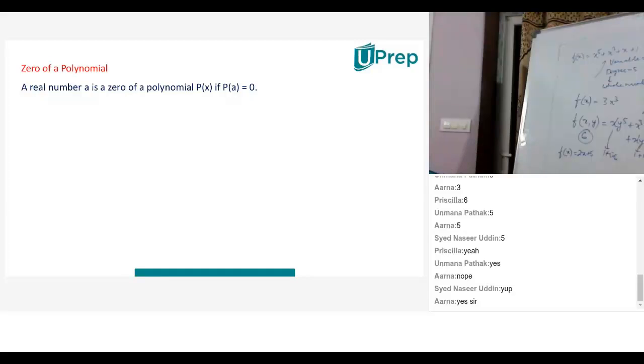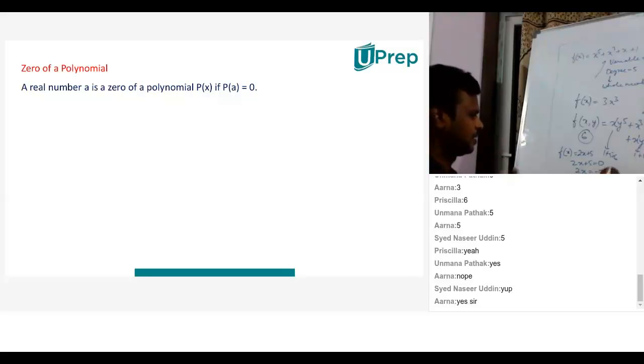So suppose if I have f of x is equal to 2x plus 5. How do I get the 0 of this polynomial? I equate this polynomial to 0. That means I equate 2x plus 5 to 0. So I get 2x is equal to minus 5.